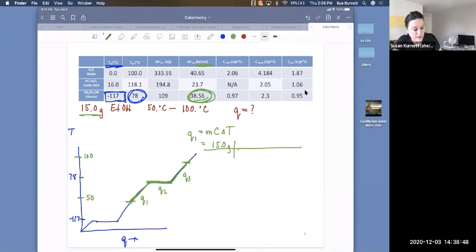The C is for the liquid, which is 2.3 joules per gram degree C. And my delta T is final, 78, minus initial, 50. And I'll get a number.